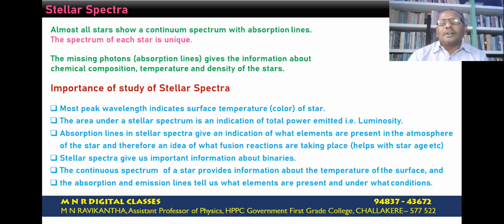Almost 90% of the stars exist in the form of binary or multiple star systems. So this is the information we can gather by studying the stellar spectra.